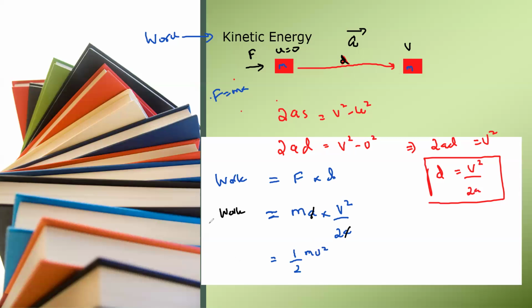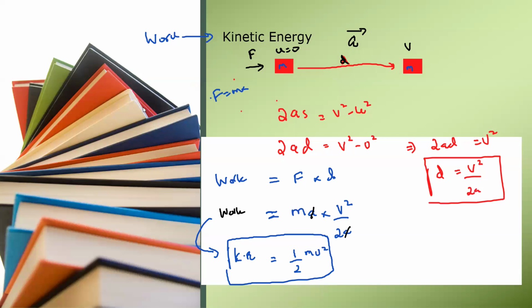And this 1 by 2 mv square, because whenever work is done to move an object, we call that work done kinetic energy. That's why the formula for kinetic energy is half mv square.